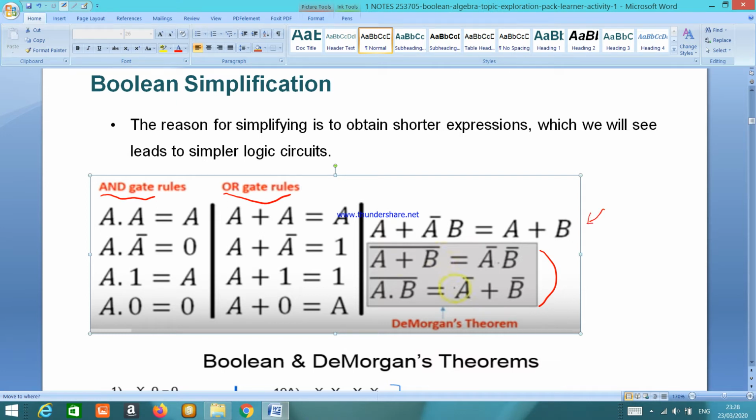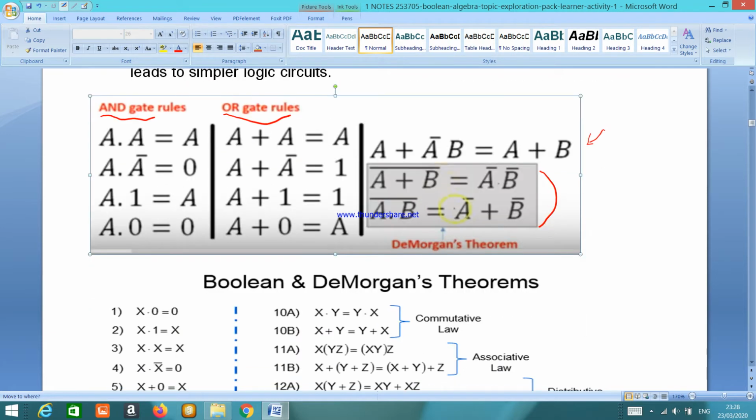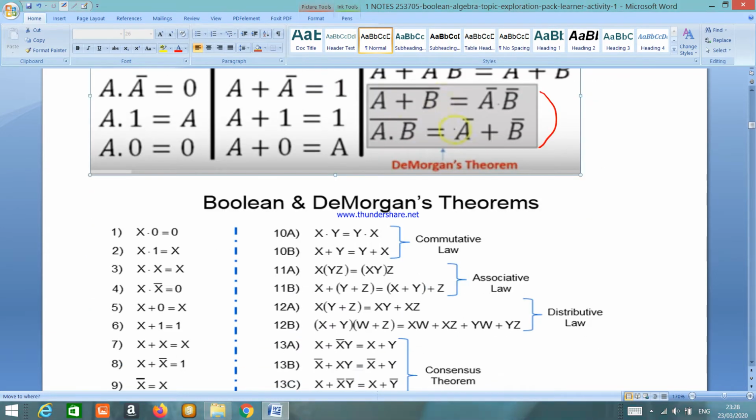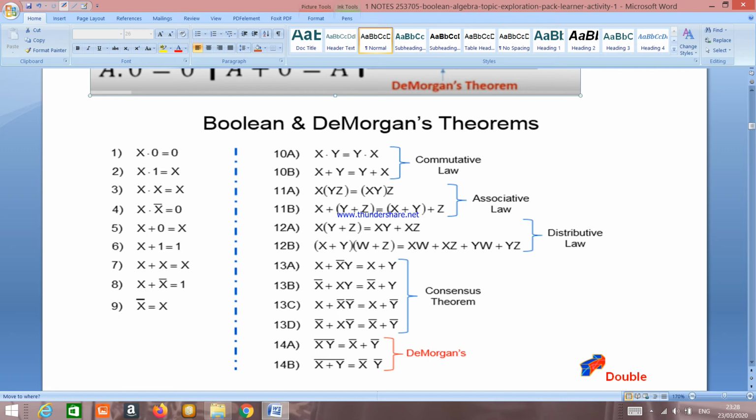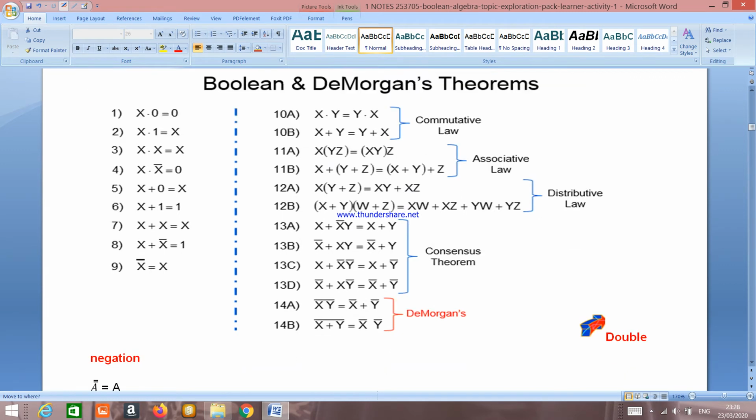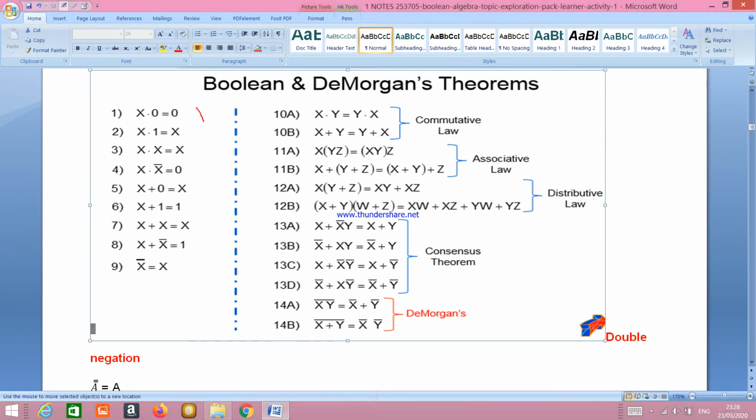And this one is the consensus theorem. So again here you have the identities, the product and the sum.